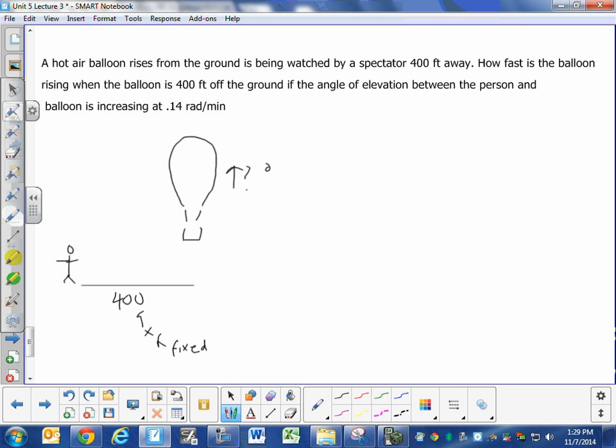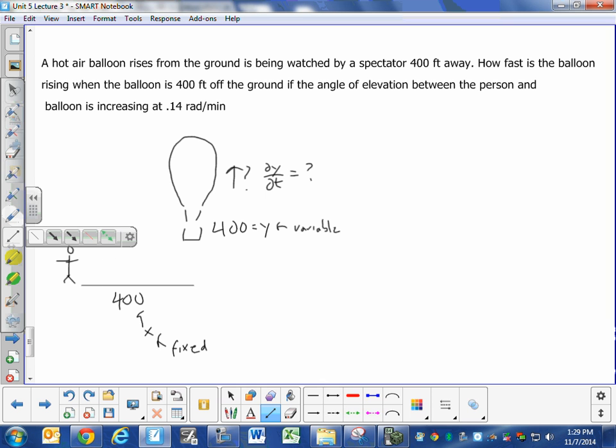So that's a dy dt that I'm trying to find when the balloon is 400 feet off the ground. So that's a y value. That is a changing value. If the angle of elevation between the person and the balloon is increasing at 0.14 rads per minute.